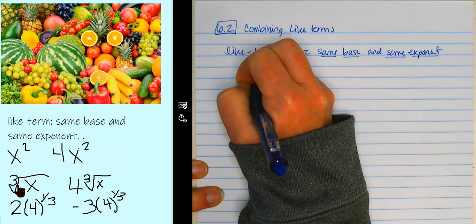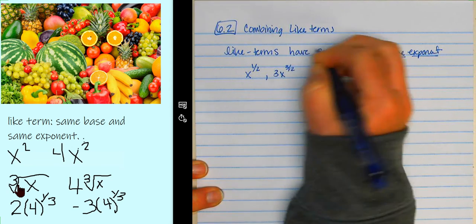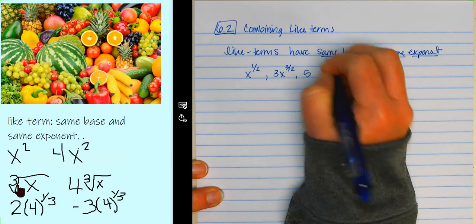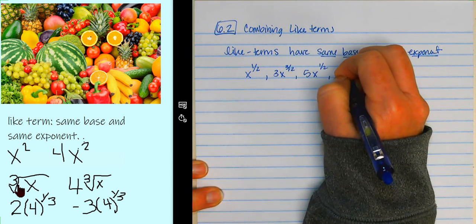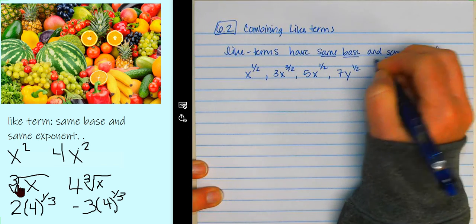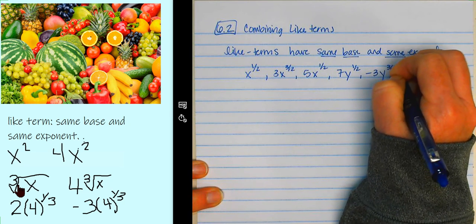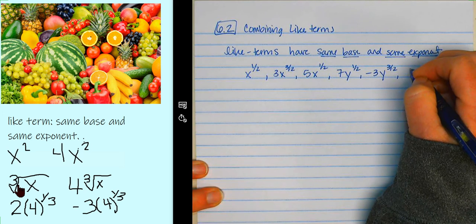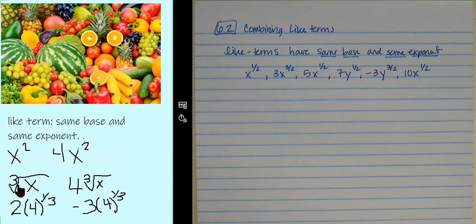So here if I write down x to the 1/2, 3x to the 3/2, 5x to the 1/2, 7y to the 1/2, -3y to the 3/2, and 10x to the 1/2. If I look at that list, I only have 3 terms with the same base and the same exponent.